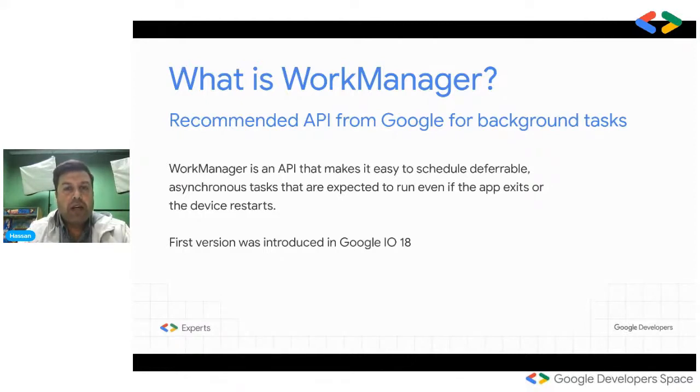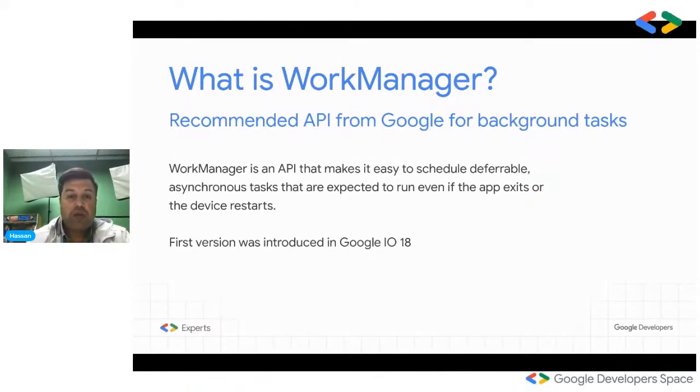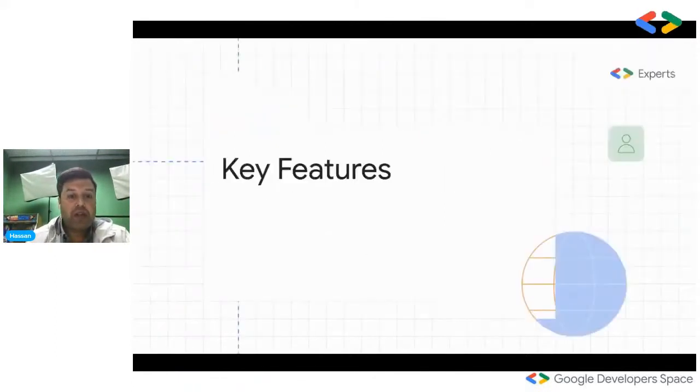If the long running task stops because of a device shutdown, the good thing is that when the device turns back on, the WorkManager task will continue again and try to finish it for you. The first version was introduced during Google I/O 2018.